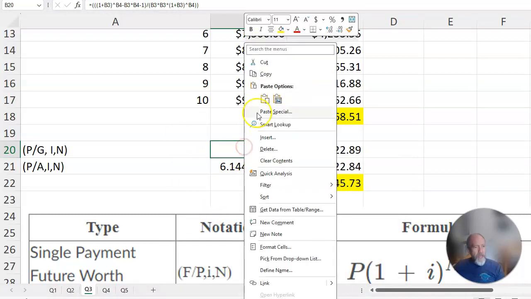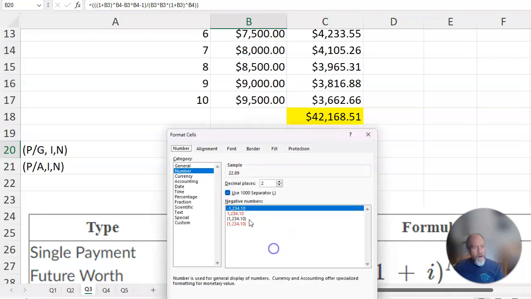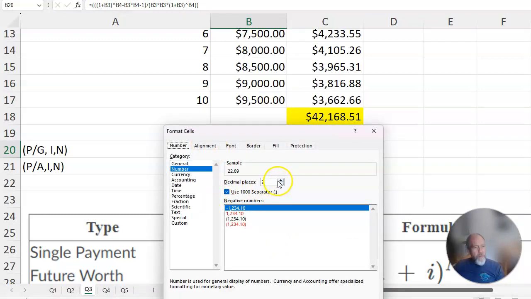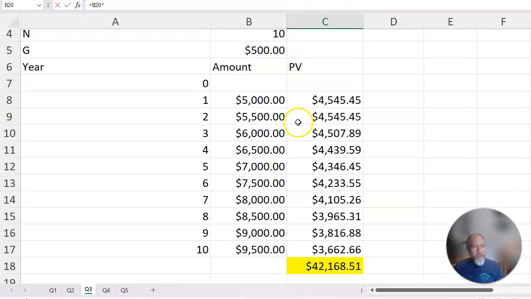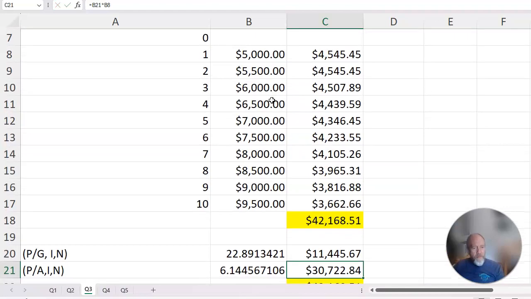And by the way, we would like to see a little bit more decimal places, so let's go ahead and give you 7 decimal places. That'll be sufficient. And this would then be equal to this number times the gradient number, which would be this guy right here.